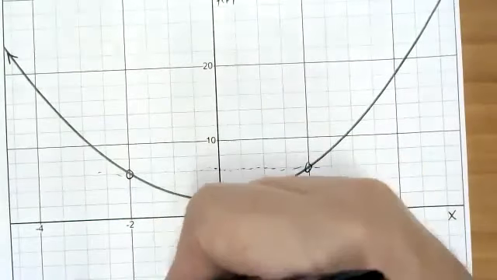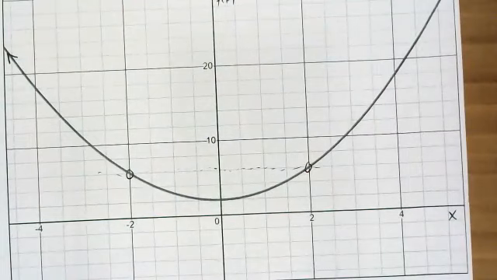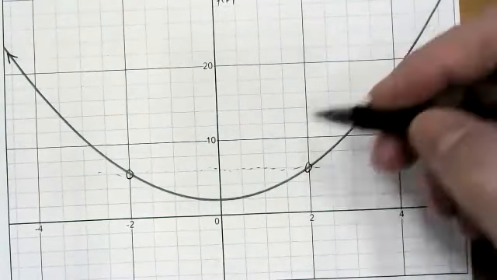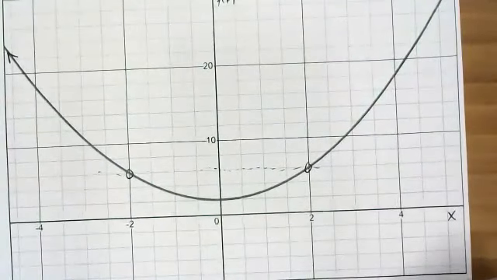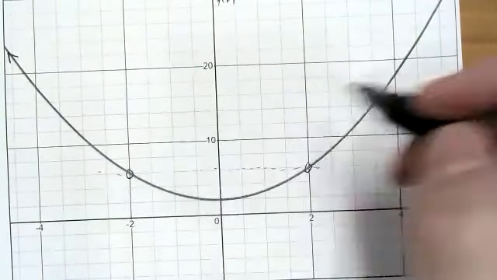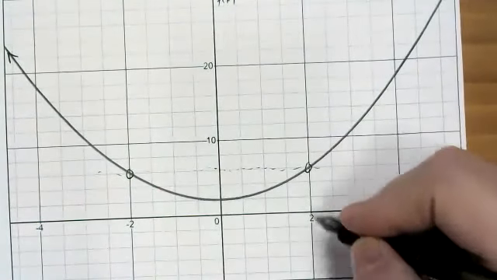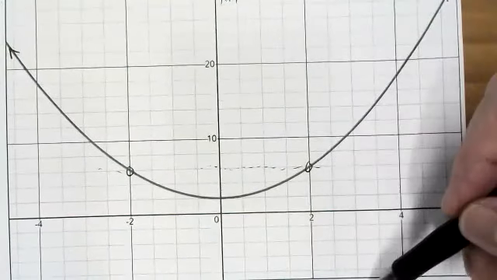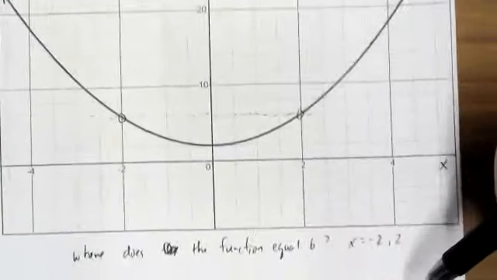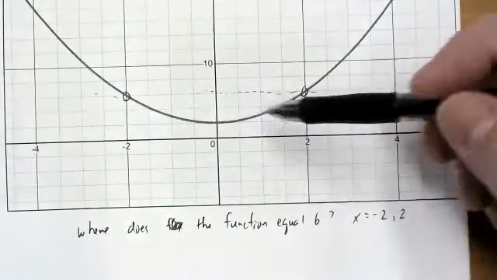So when it says, where does the function equal 6, the where is asking, what's the value of x? What's the value of x where the function equals 6? Well, here's this point, the x value is -2. And this one, the x value is 2. So the answer is there are two values of x that give this solution.